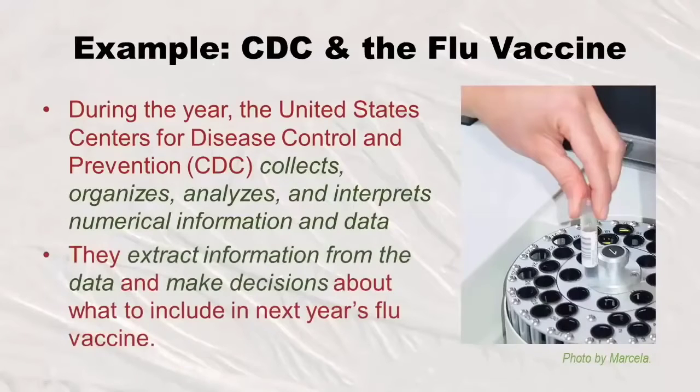They make the decisions about what viruses to include in the next year's vaccine. Are they always right? Sure enough, they're not. Have you ever had a year where you're like, oh my gosh, everybody I know got vaccinated and they're still getting sick? Well, give them a break. It's the science of uncertainty. It just didn't work out that time. However, this is probably better than just randomly guessing, right? So that's statistics for you.